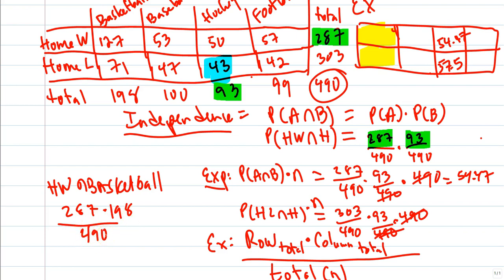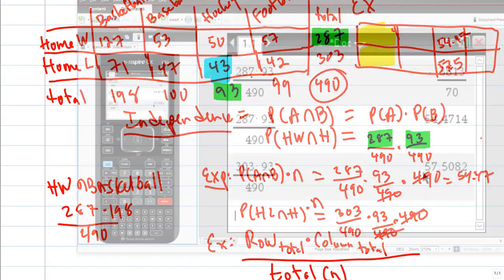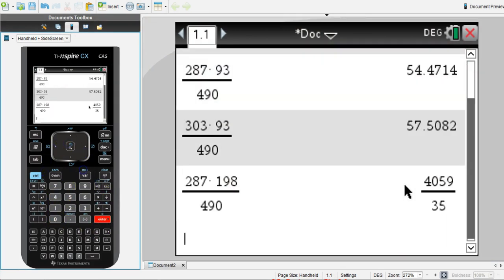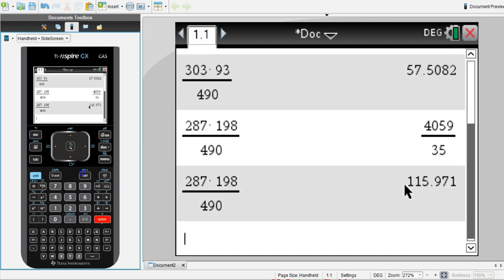Why does that work again? It's basically the probabilities times n. One of the 490s cancels out. 287 times 198 over 490. All right, how about 115.97?